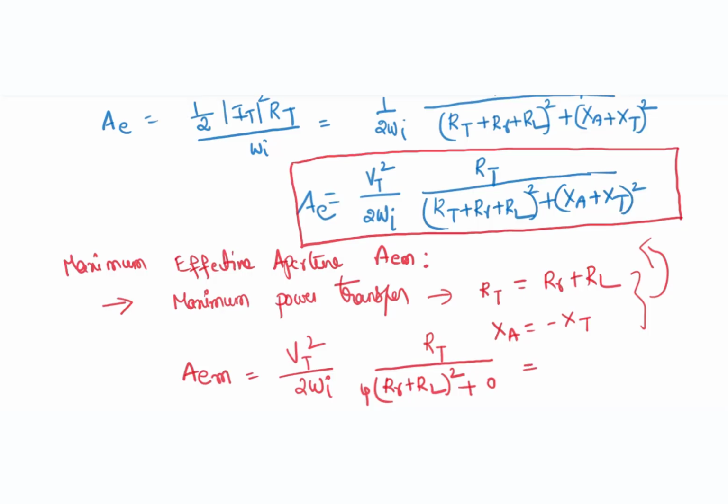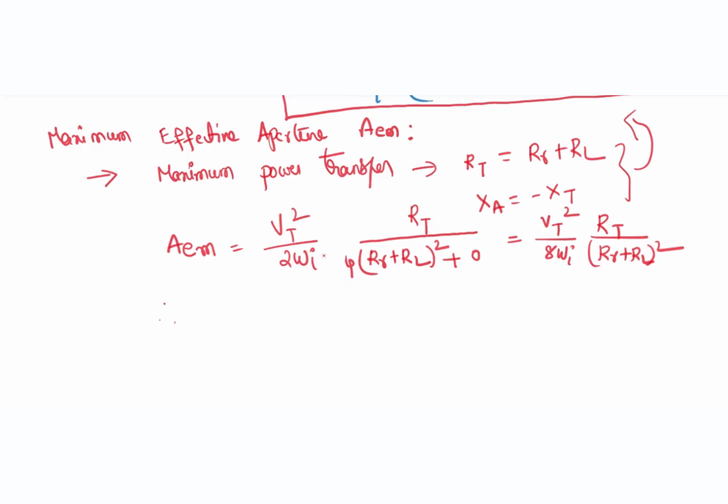So totally it is Vt square by 8Wi into RT by RR plus RL whole square. Therefore, the maximum effective aperture AEM is Vt square by 8Wi into RT by RR plus RL whole square.